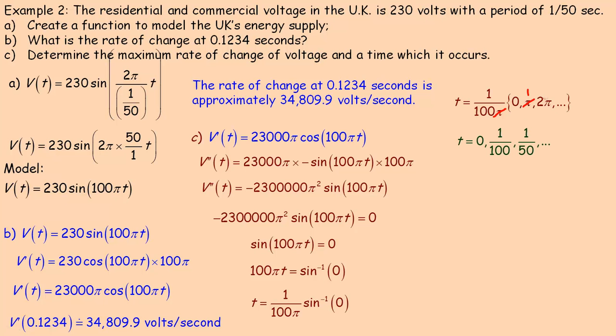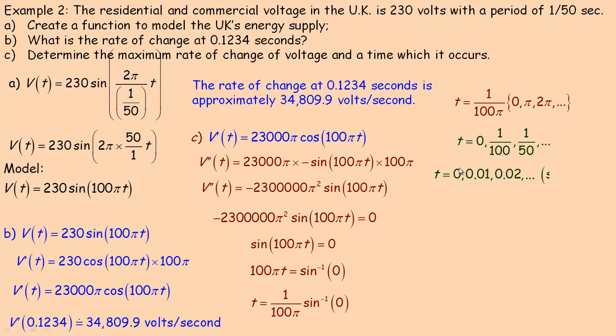For the second one, see, the pi would divide out with this, and so you would actually have 2 over 100, which of course reduces to the 1 over 50. Okay, so that's the first 3. So that's the first 3 times.